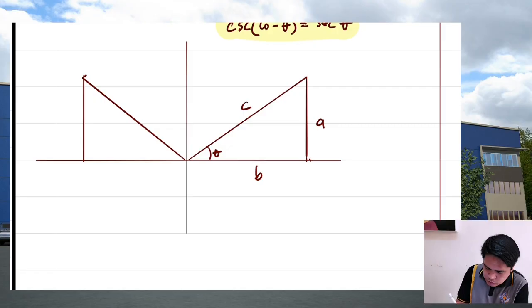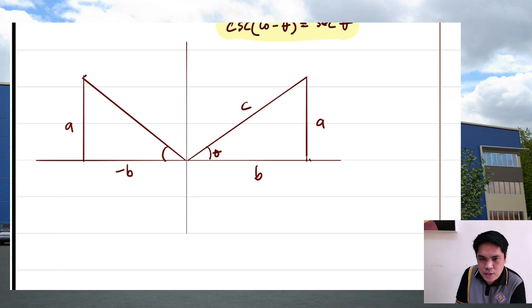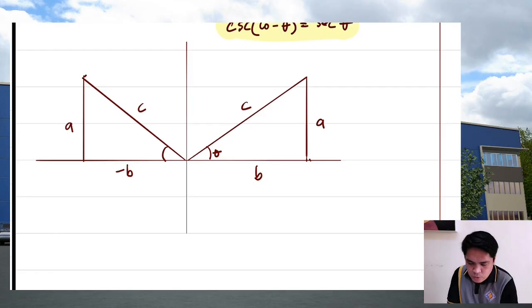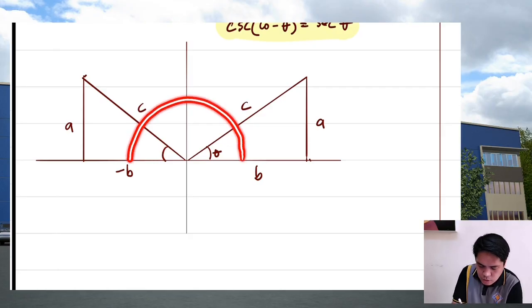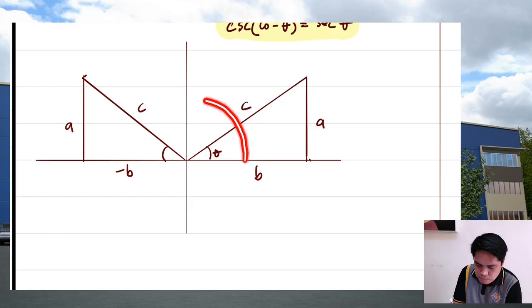Ayan. So, this is now our angle. Tapos, eto, this is A. Now, this is now negative B kasi nasa other side na siya ng Cartesian. And this is C. Now, what is this angle? Ako na rin sasagot. This angle is actually clockwise. That is positive, di ba? This is positive pi.